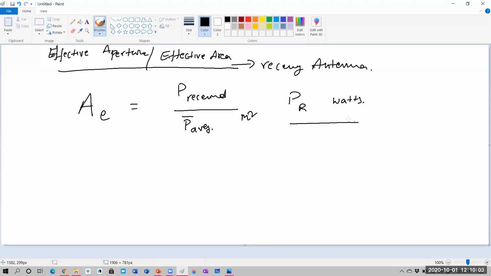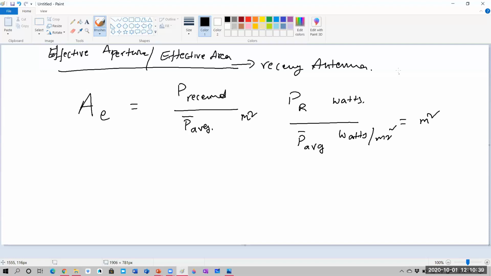The power density, that is average power density, is denoted by P suffix average and is measured in watts per meter square. Hence, the unit for effective aperture is simply meter square. In other words, we can explain effective aperture as an area which extracts energy from an electromagnetic wave.